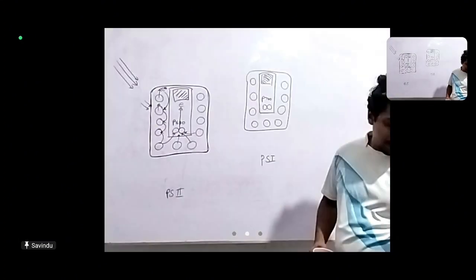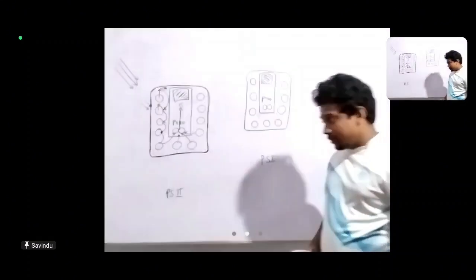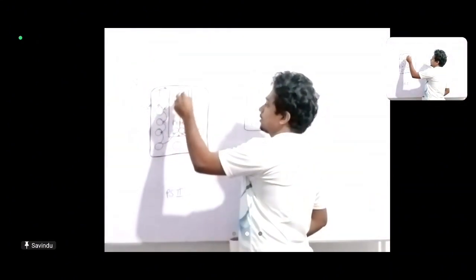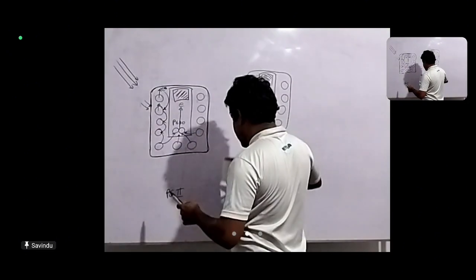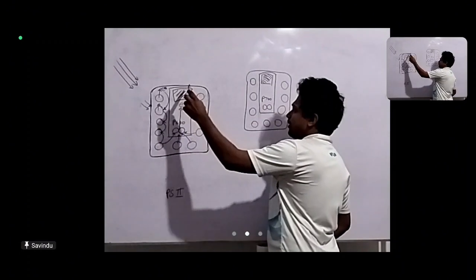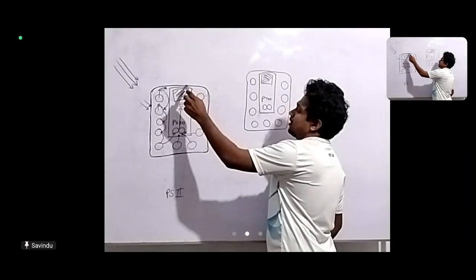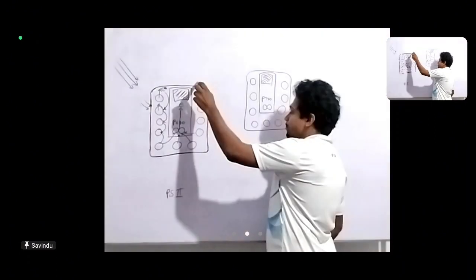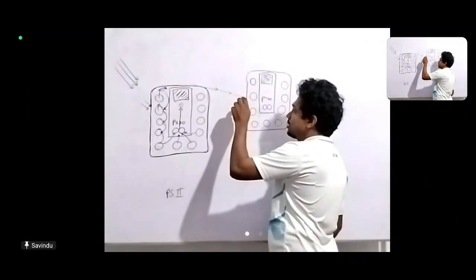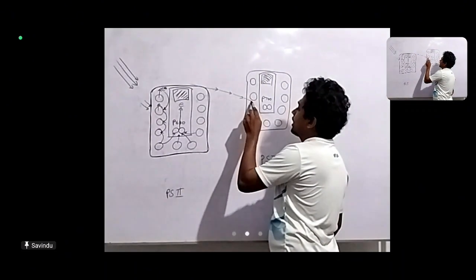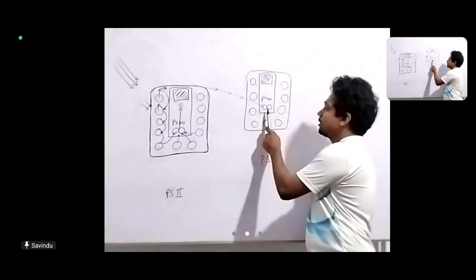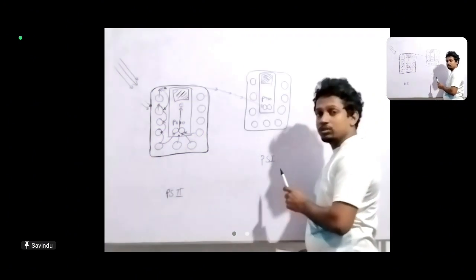What happens to them? After accepting this electron, it tries to release this energy, but not at once. It goes through a series of reactions and then goes to this PS1 photosystem.